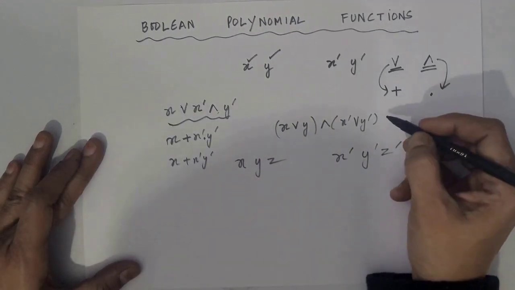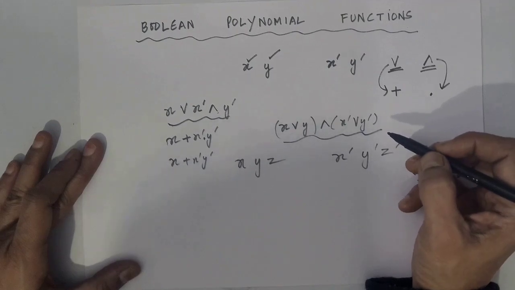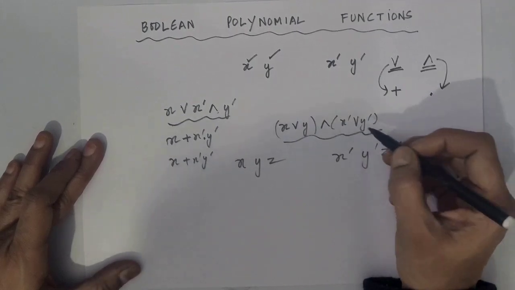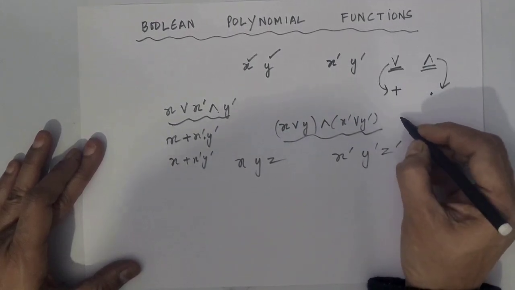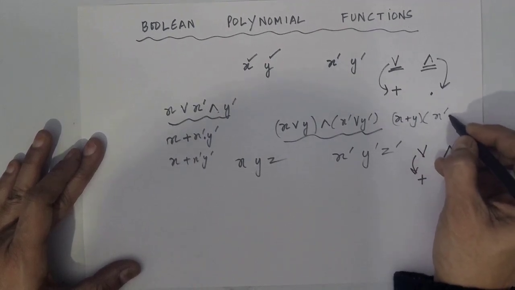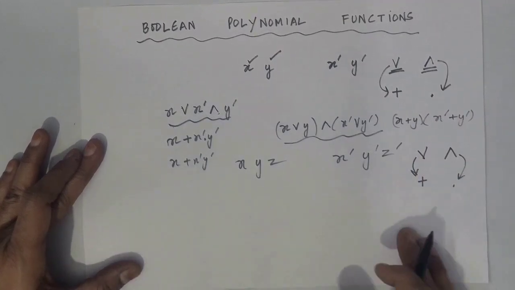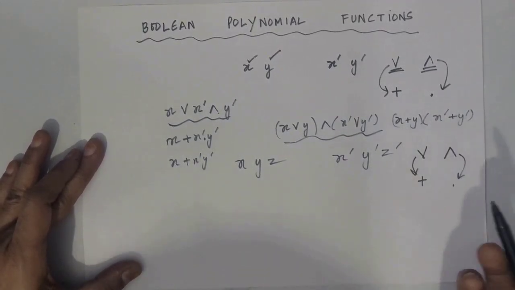Then again, this particular polynomial which has two unknowns or two variables x and y, and then it has join and meet also, can be represented by x plus y into x dash plus y dash, something like this. Here dot is there in between. So likewise, using these notations, polynomials can be written.